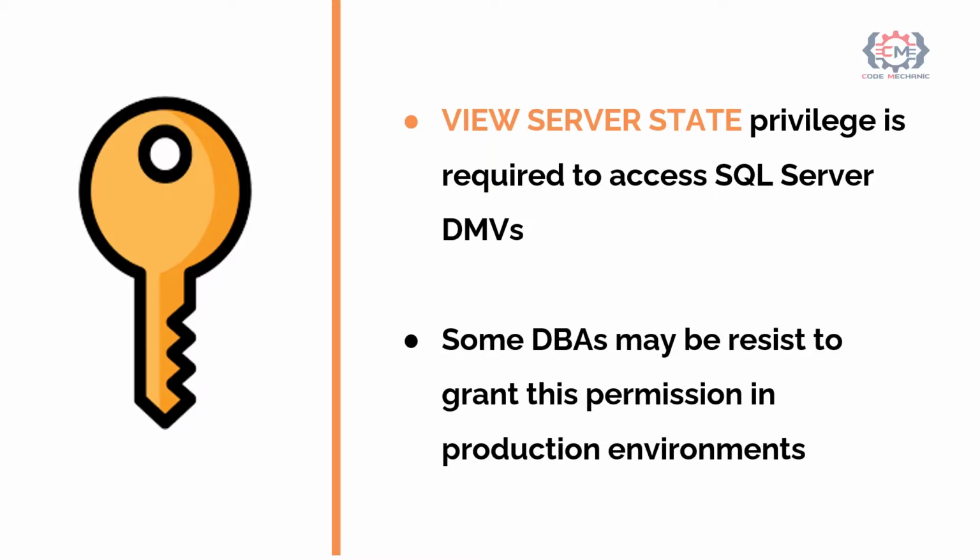Traditionally, SQL Server's dynamic management views have been thought of as a tool for the DBA because they contain information not just related to performance but also about system health and configuration. The VIEW SERVER STATE permission gives you access to all of this information, and for some DBAs this creates some security concern to give away that level of access.